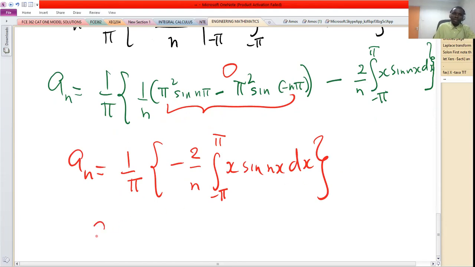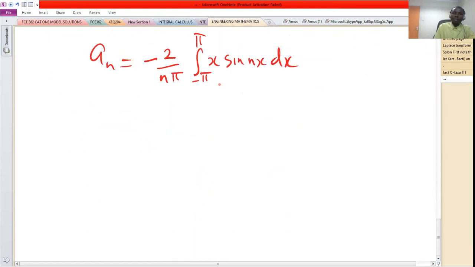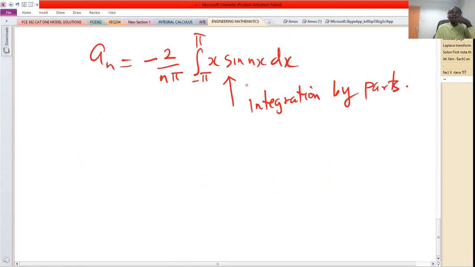So this just says an equals minus 2 over n pi integral from minus pi to pi x sine of nx dx. Now we use integration by parts on this integral here. U to be this, dv to be this, so that du equals dx, and then v is minus cos nx over n.